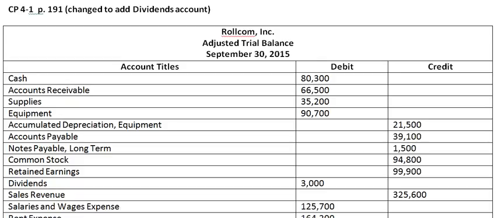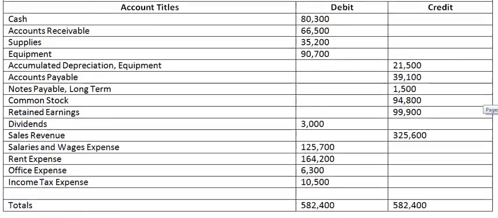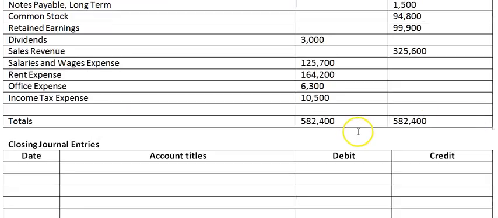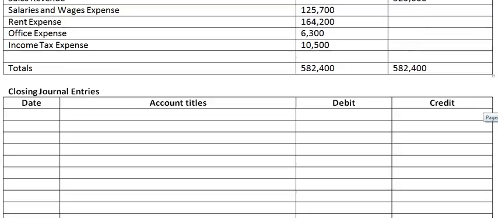What we've got in front of us is Rollcom Inc.'s adjusted trial balance. Now the financial statements have already been prepared, and what we see are all the account balances on the adjusted trial balance, and indeed the totals do balance. Our first step in doing our closing journal entries is to close out the revenue accounts.